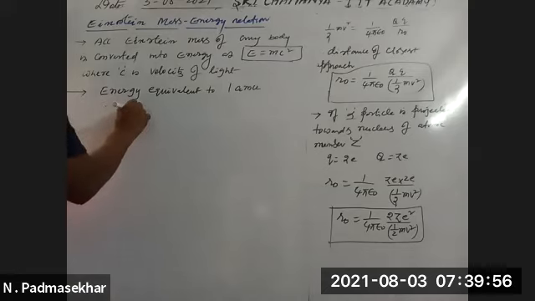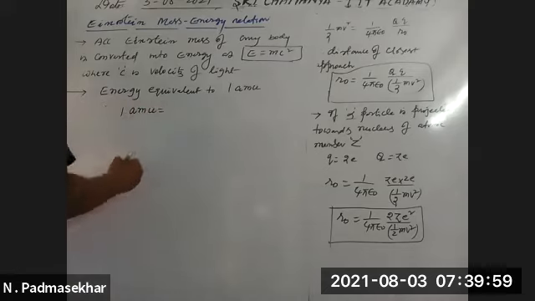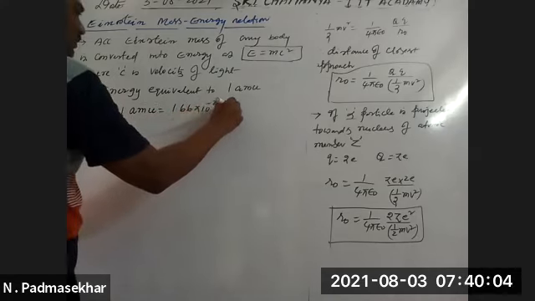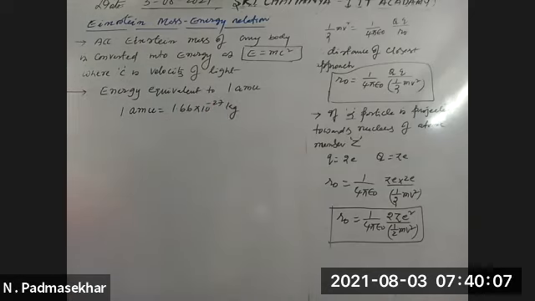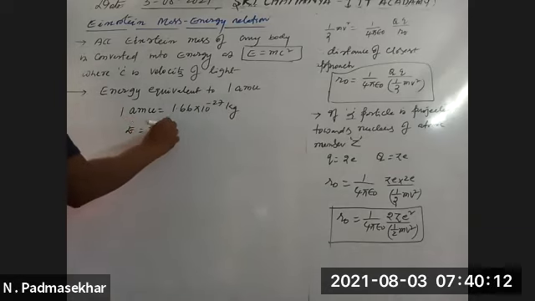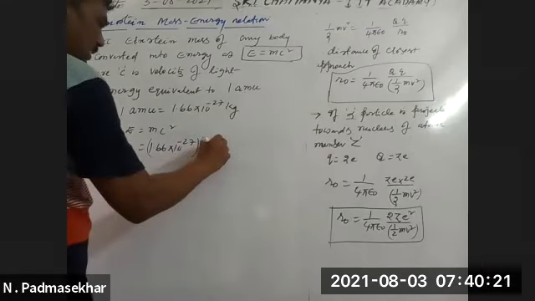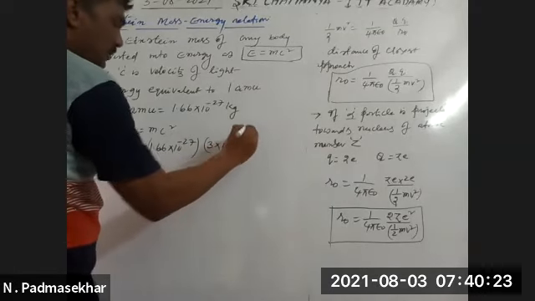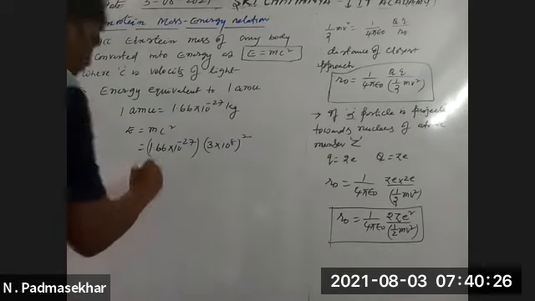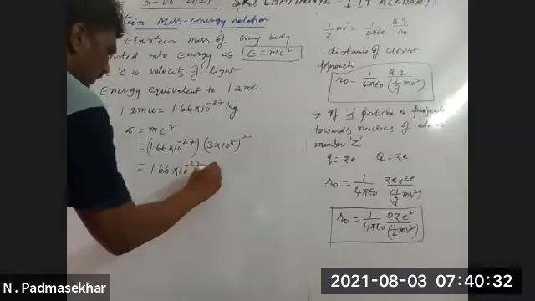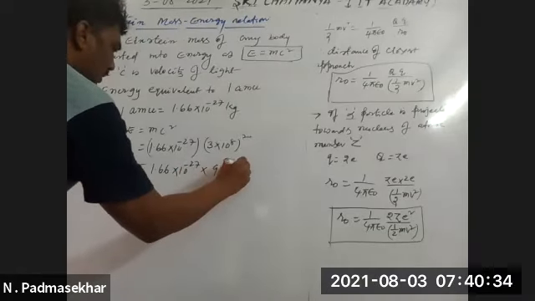We know that 1 AMU is equal to 1.66 into 10 power minus 27 kg. E is equal to m c square, so 1.66 into 10 power minus 27 into 3 into 10 power 8 whole square, which is 1.66 into 10 power minus 27 into 9 into 10 power 16.